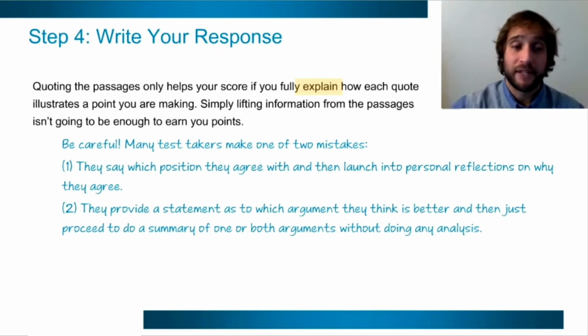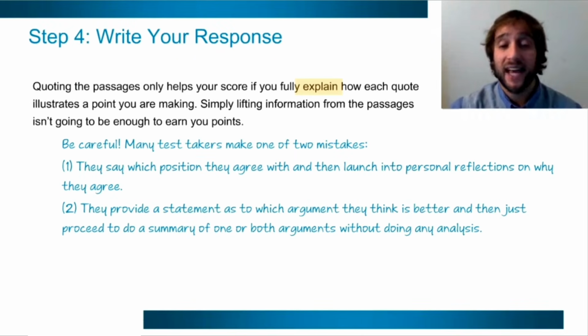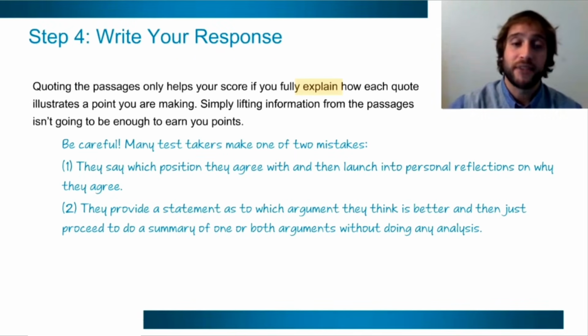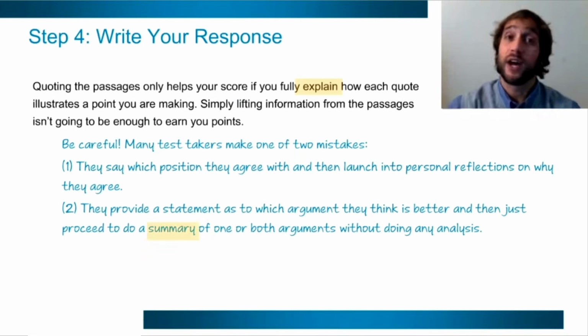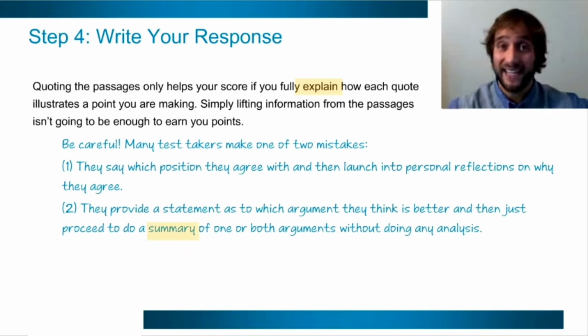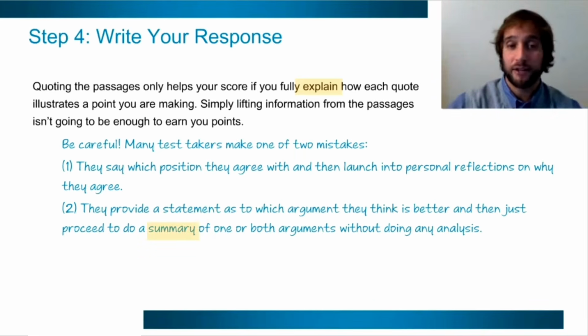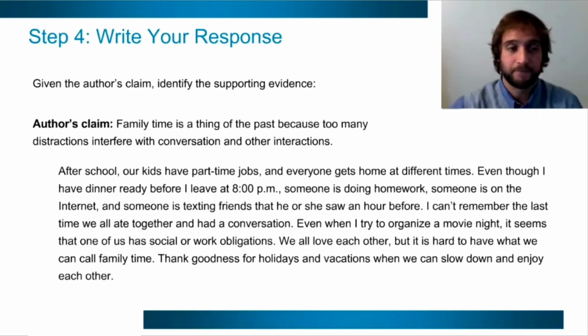Here's another way people tend to mess up, is that they say, I think this argument is better, but then just provide a summary of the two sides, right? Remember, a summary is not enough. You have to provide evidence and explain how that evidence makes that argument better. Okay, you can't just say what they say. You have to explain how or why it works so effectively.